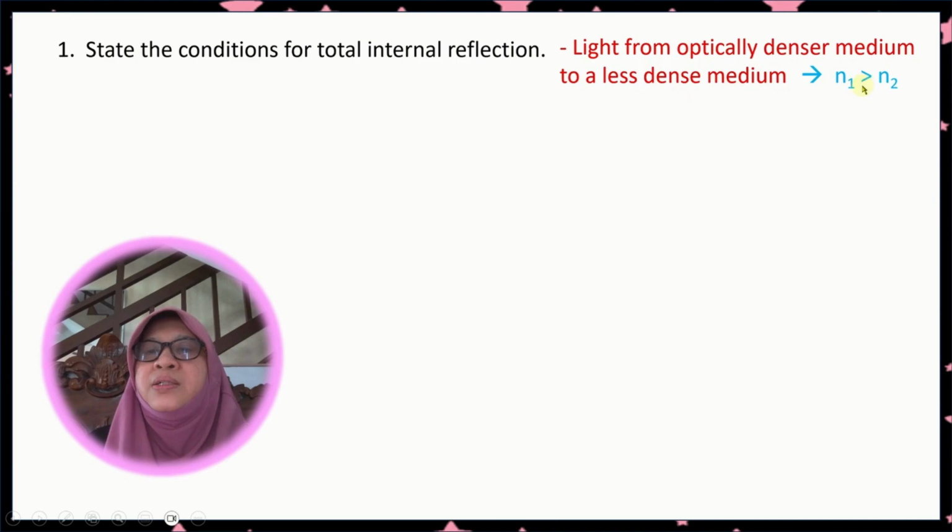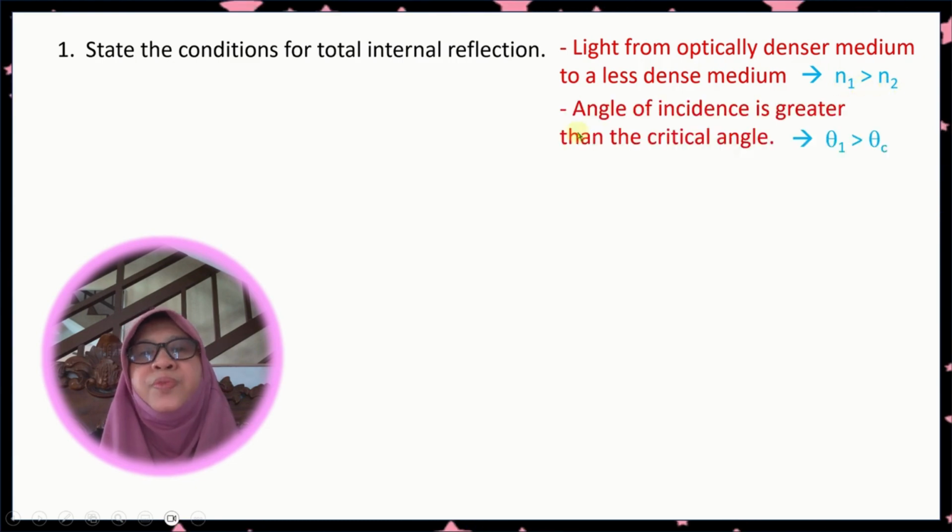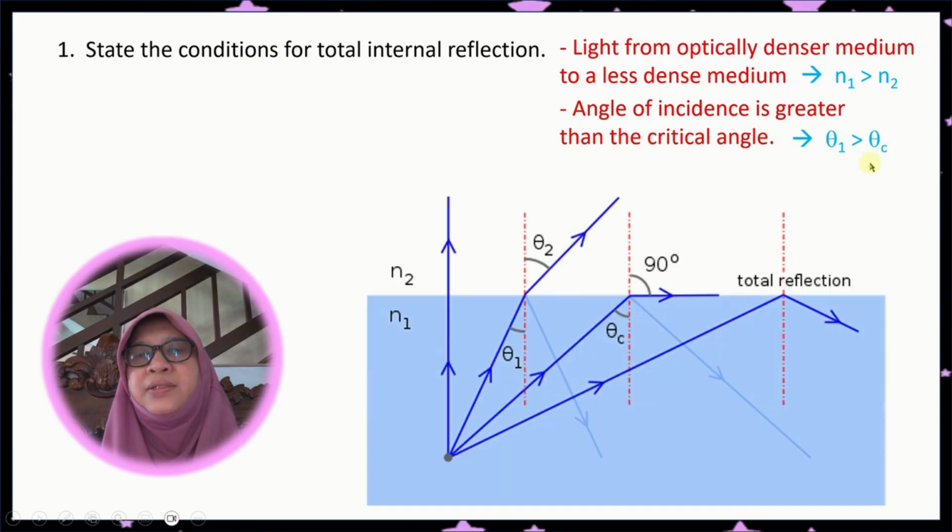Using the symbol N for refractive index, N1 must be larger than N2. The next condition is that the angle of incidence must be greater than the critical angle. Using symbols, theta 1 is larger than theta C, the critical angle.